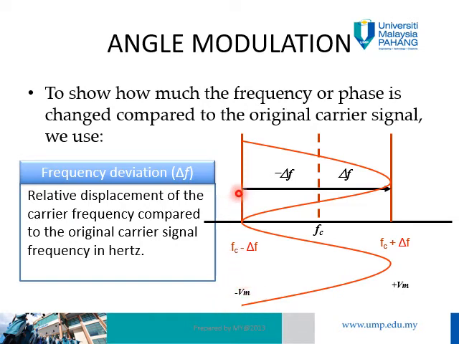So we have this full swing from fmin to fmax, which is equal to delta f, this one, and another delta f, this part, so equal to 2 delta f.